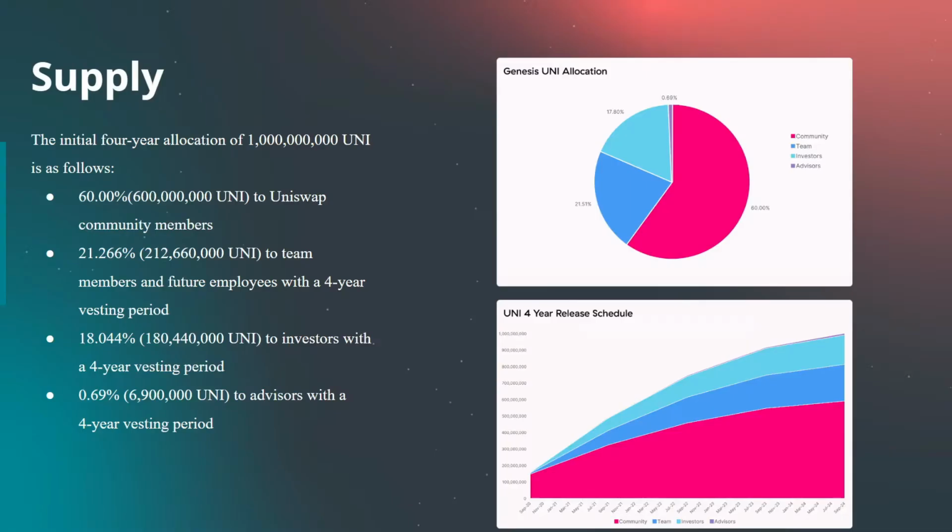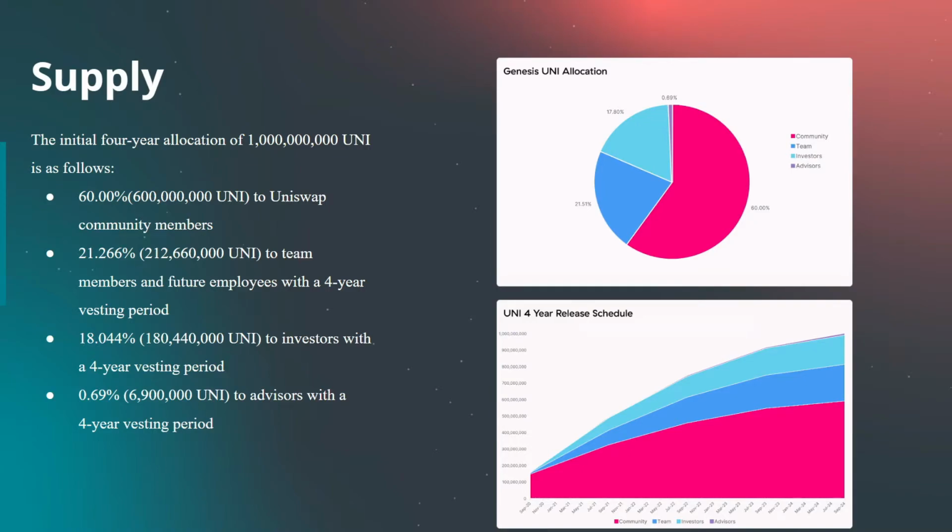So let's talk about the supply. As we mentioned before, there is a total supply of 1 billion Uni-Tokens, of which 60% is allocated to community members, 21.26% to the team members, and 18% to investors with a 4-year vesting period, and 0.69% to advisors with a 4-year vesting period.